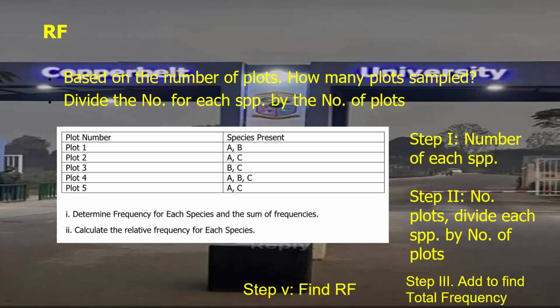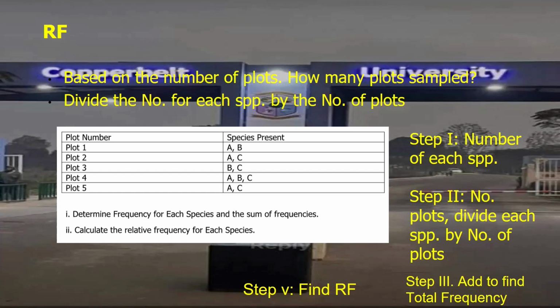So if I'm to get my pen there and just count. In plot number 1, we have species A, okay? So we focus on one species at a time. So in plot number 1, we have species A, so that's 1. In plot number 2, we have species A again, which is 1. In plot number 3, we do not have species A, so we skip that one.